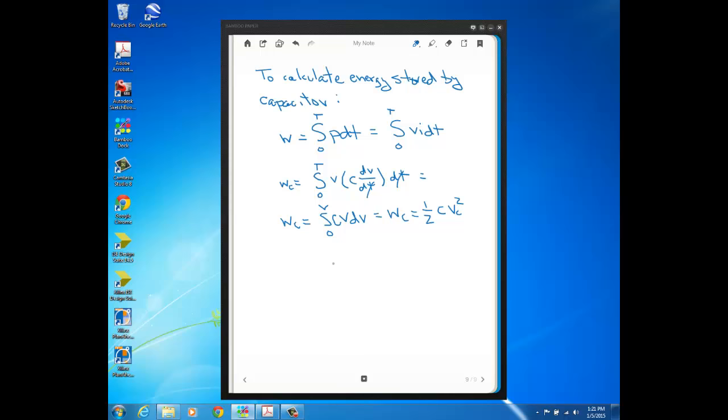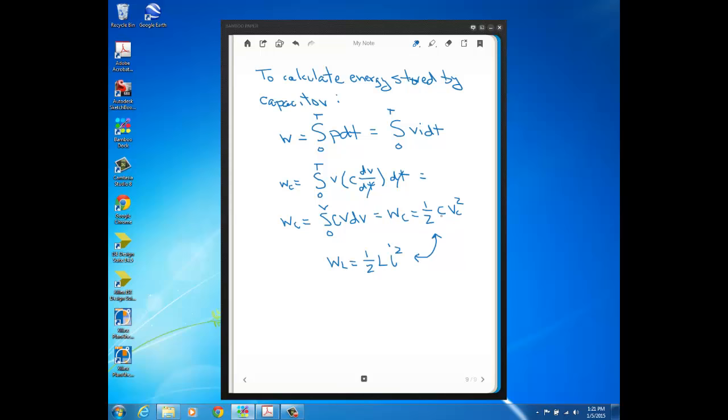Now I'm not going to do it in this video because it's the same process, but on your own you should be able to prove to yourself that for an inductor the energy stored is half L i squared. So it's the same form of expression; instead of a C we have an L, instead of a V we have an I. You'll see this often with capacitor and inductor equations: for the same quantity the expression will have the same form.